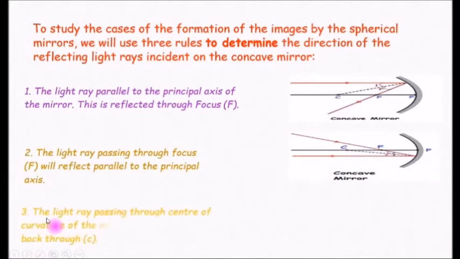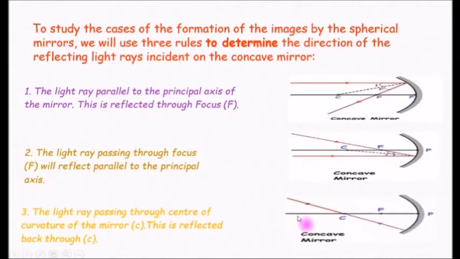The third rule says when the light ray passes through the center of curvature, the point C, the light ray will reflect on itself. Why does the light ray which falls on the mirror passing through C reflect on itself?